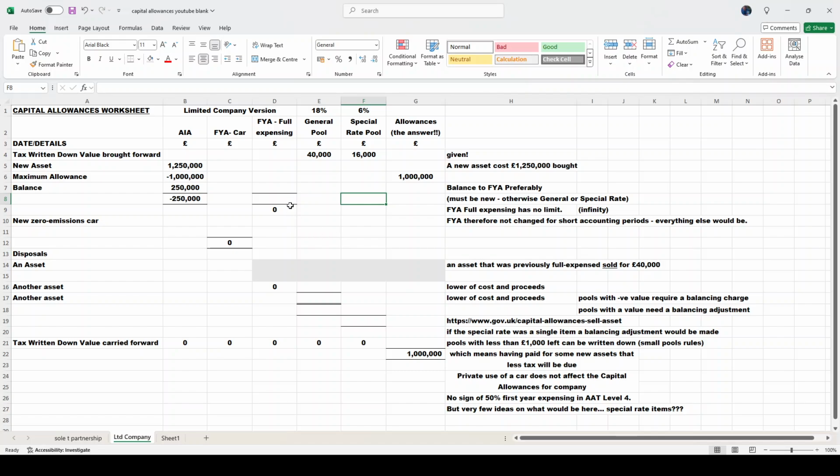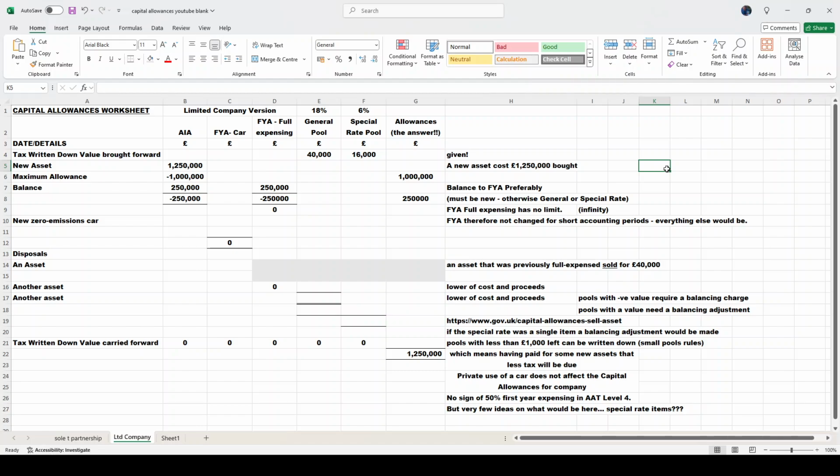So that 250,000, the excess, needs to go somewhere. It can go in the FYAs in this case. Sole traders, it would actually have to go into the general pool, but that's one of the differences in the rules, and that's money we can claim back immediately in our next tax return.